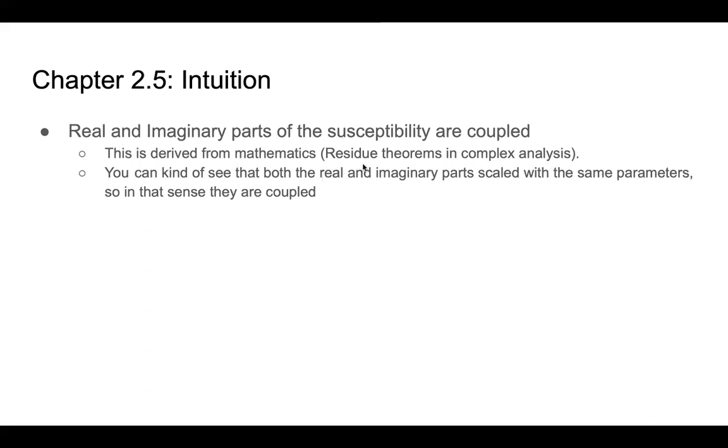Basically what it says is, if you have a complex function, if you have the real part of the function, you can reconstruct the imaginary part. Alternatively, if you have solely the imaginary part, you can reconstruct the real part. And you can kind of see that in both the real and imaginary parts, they're scaled with the same parameters. So in some sense, they're coupled, right? Because if you change one, you'll also change the other because they scale with the same parameters.